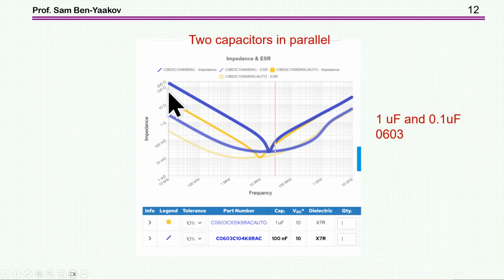I'm showing here the impedance of two capacitors. This is from K-SIM of Kemet. This is the blue one and this is the orange one. The blue one is 0.1 microfarad, and the sort of yellow or orange one is 1 microfarad.